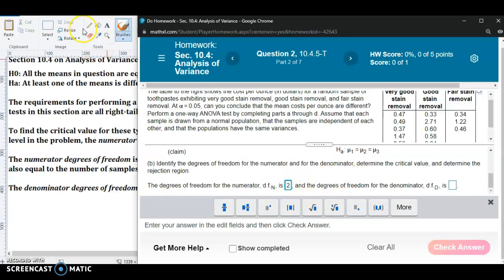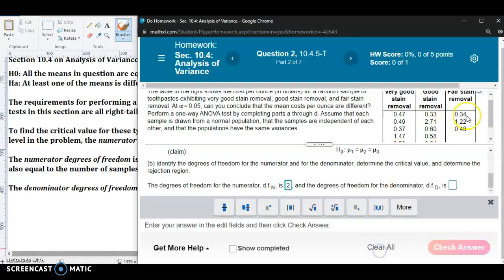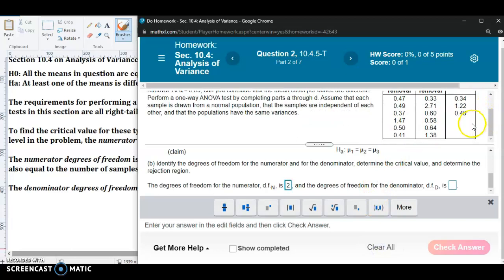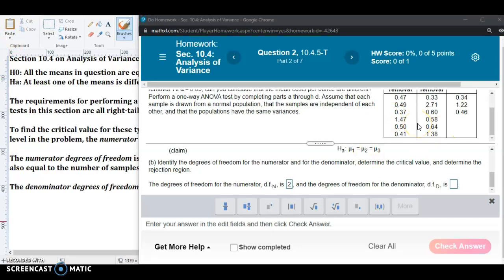All right, and once again, the denominator degrees of freedom is equal to the total number of data values from each sample minus k. So what that means is you count the number of data values. So you see that there are 15 data values.